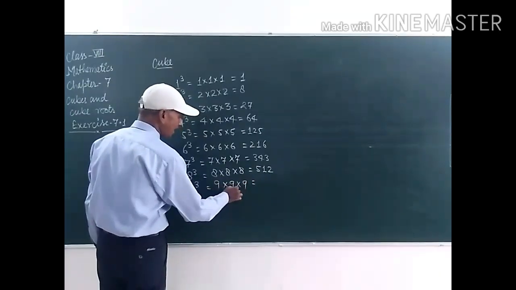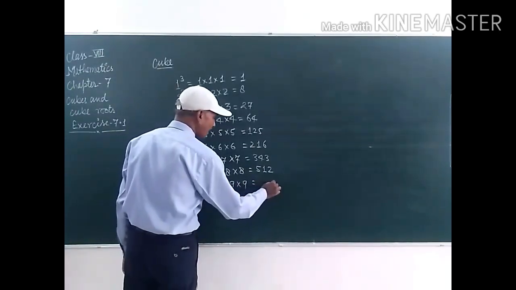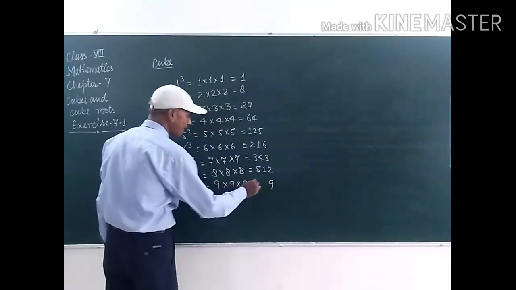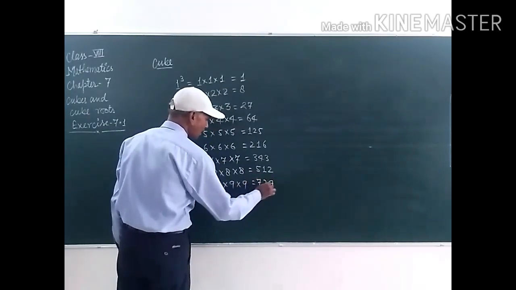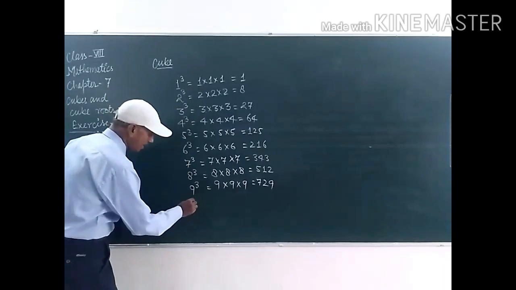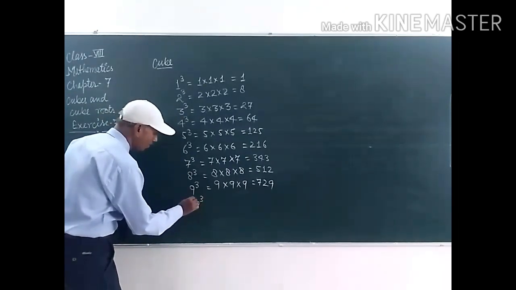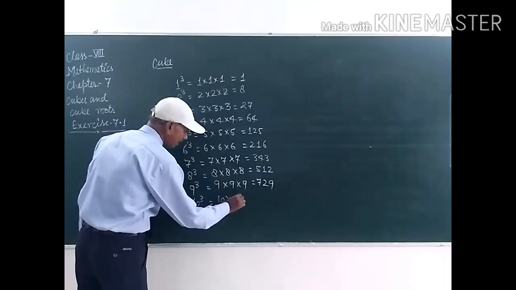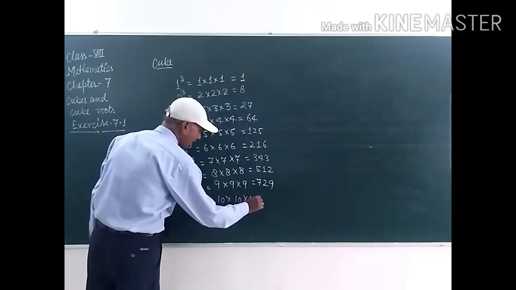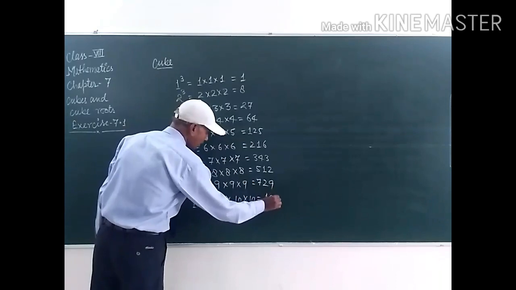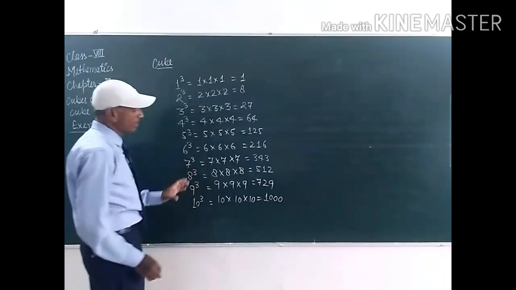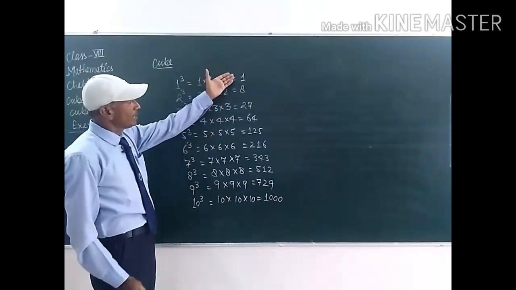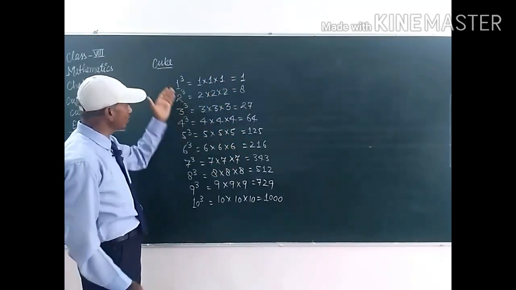So 9 nines are 81, 9 ones are 9, and 9 eights are 72, so 729. And 10 cube is equal to 10 multiplied 3 times, that is 1000. Clear, student? These are the cubes of the first 10 natural numbers.